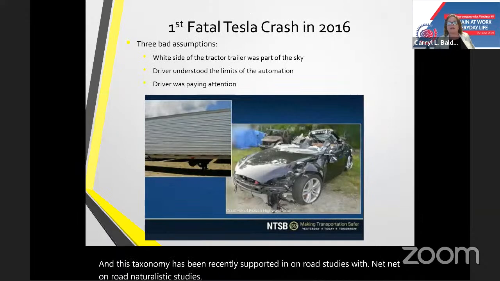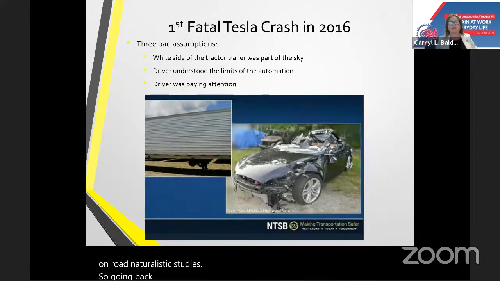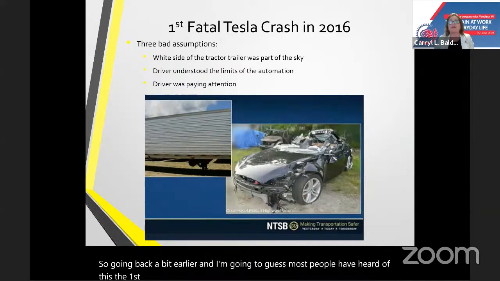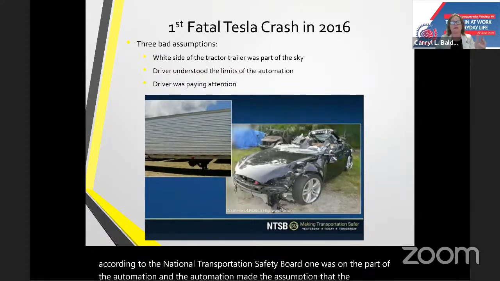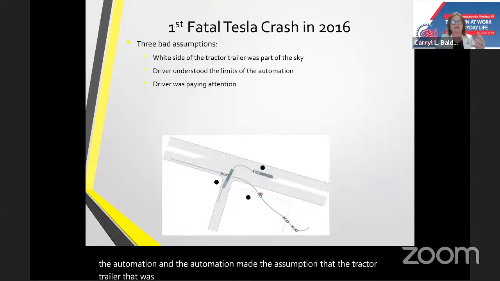So going back a bit earlier, and I'm going to guess most people have heard of this, the first fatal Tesla crash, there were at least 3 bad assumptions according to the National Transportation Safety Board. One was on the part of the automation, which assumed that the tractor trailer that was cutting in front of the Tesla vehicle was part of the sky. It was white, it was a cloudy day.